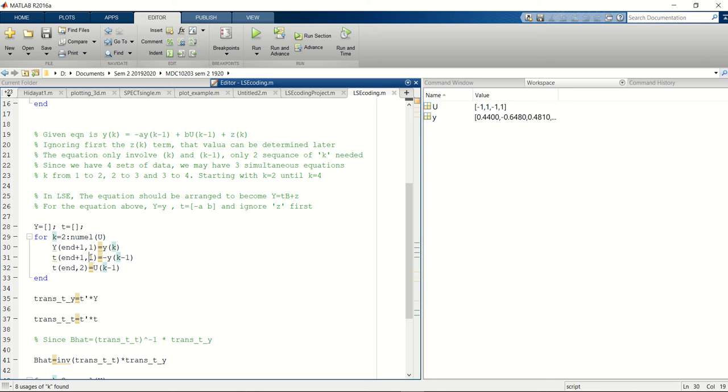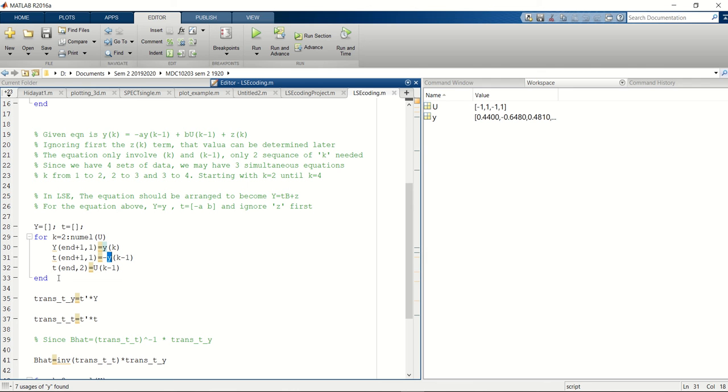Okay, for t values we have two columns. Okay, so this one is the first column, this one is the second column. Okay, so I take the value from the y just now, k minus 1. So first iteration k equals 2, so k minus 1 is 1. So y1, this value 0.44, and I give a negative sign there.